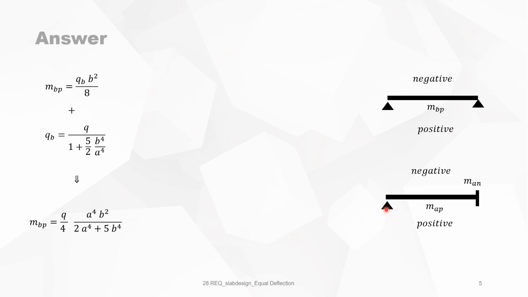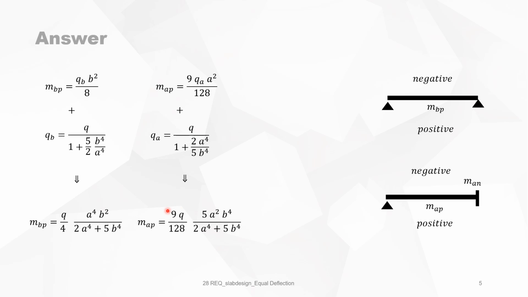In direction of A, simply supported and fixed end support, we have on top here the negative bending moment MAN, N for negative. And on the bottom, we have the positive bending moment MAP. For MAP, we have this equation plus the one that we already got from QA, and it gives you this relationship.